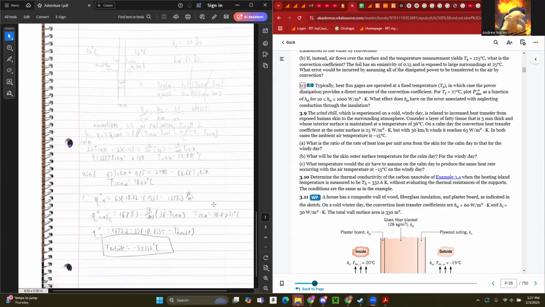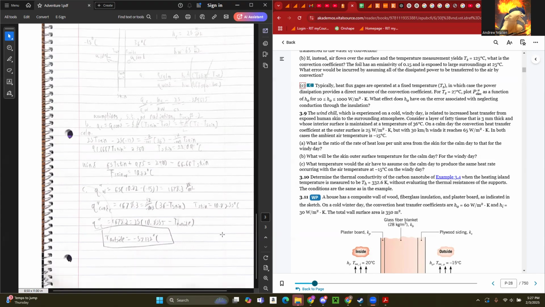So now we fill out the equation for the calm day, to figure out what temperature we need to get to this value. And I got a value of negative 57.132 degrees Celsius. I don't know about anyone who watches this, but that is pretty cold. I would not want to be outside at that temperature.